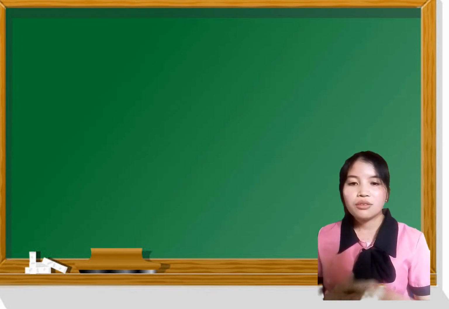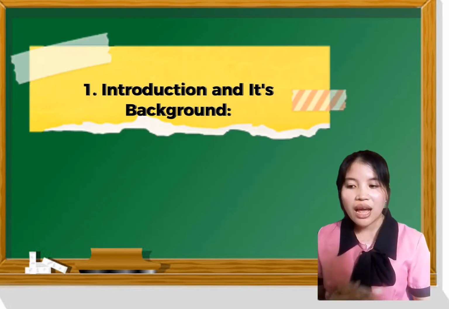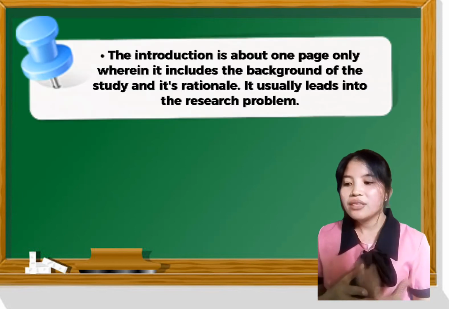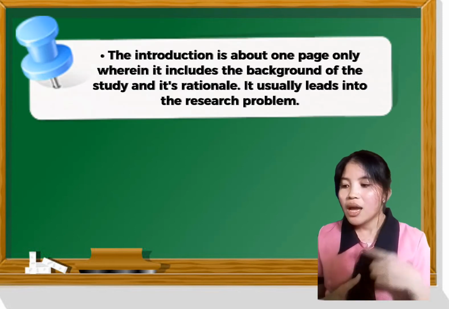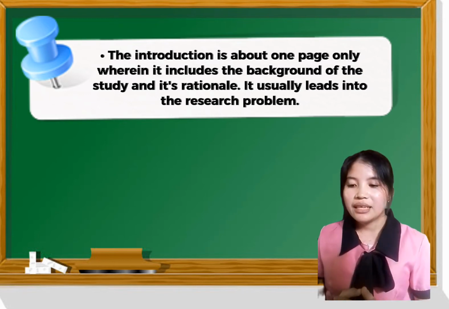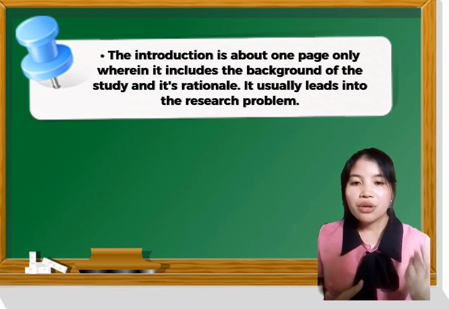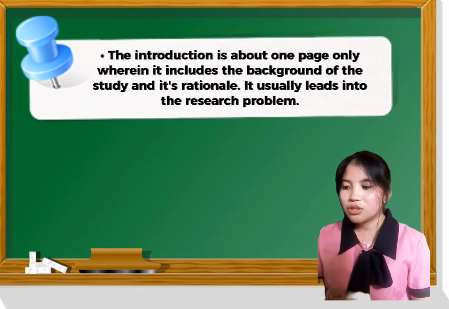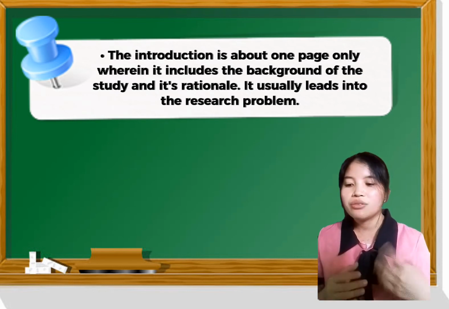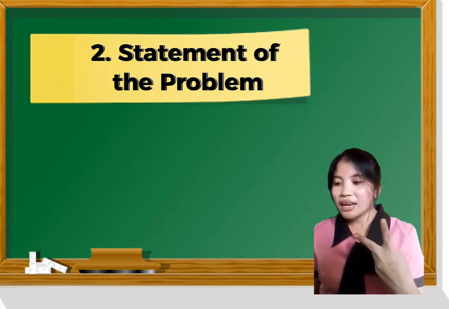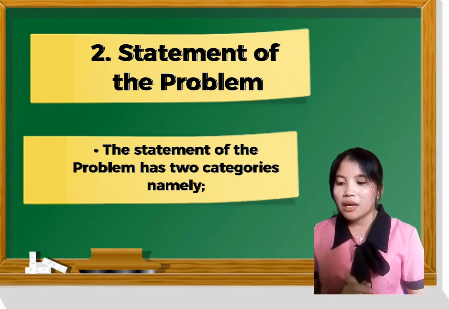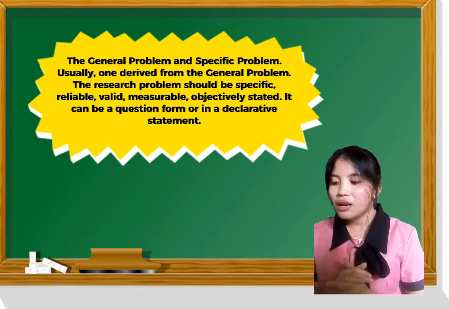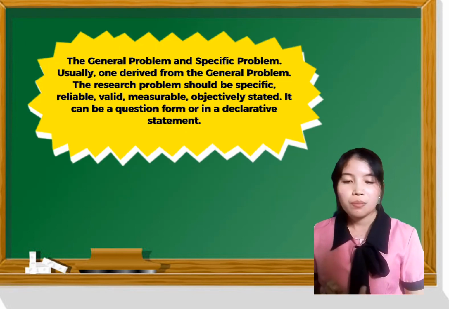Chapter 1. The first is the introduction and its background. The introduction is about one page only, wherein it includes the background of the study and its rationale. It usually leads into the research problem. Second is the statement of the problem. The statement of the problem has two categories, namely the general problem and specific problems.